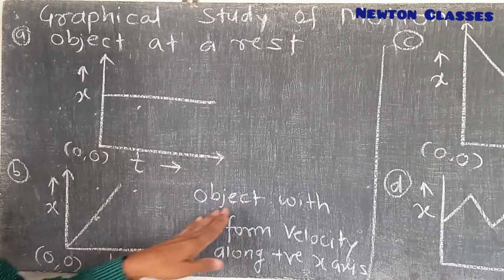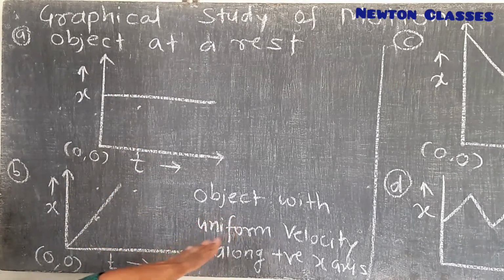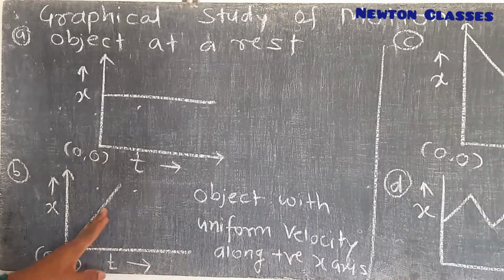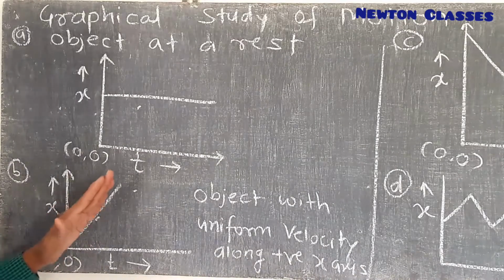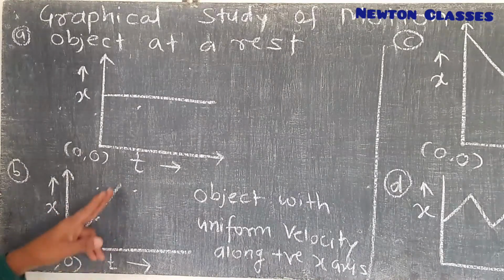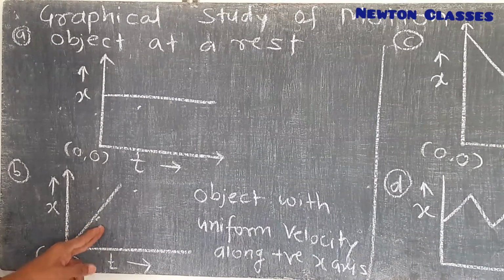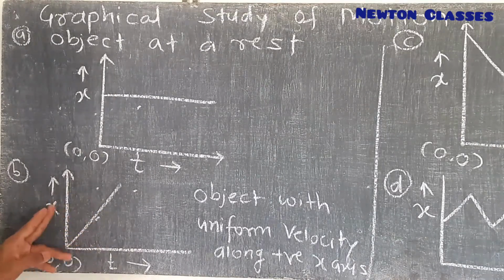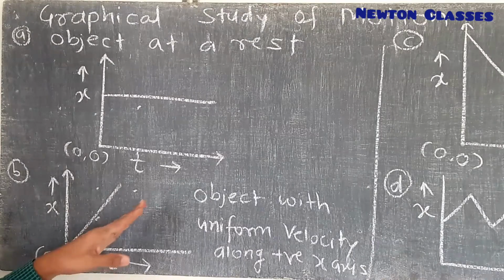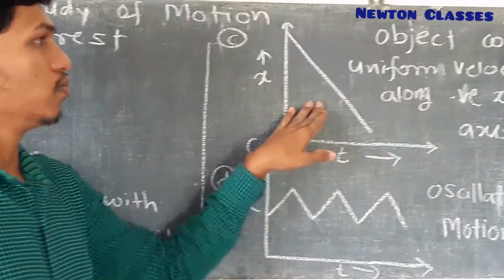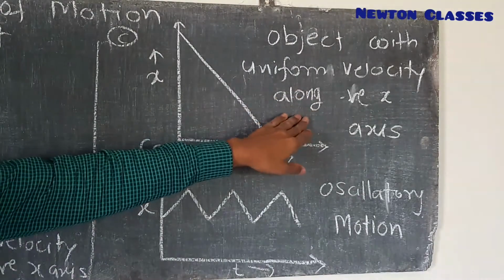The second case is when the object moves with uniform velocity along the positive x-axis. Then we will obtain a straight line like this. On this graph, at any instant, at any point, the ratio of the displacement upon time, that is velocity, is constant. The third case is when the object moves with uniform velocity along the negative x-axis.